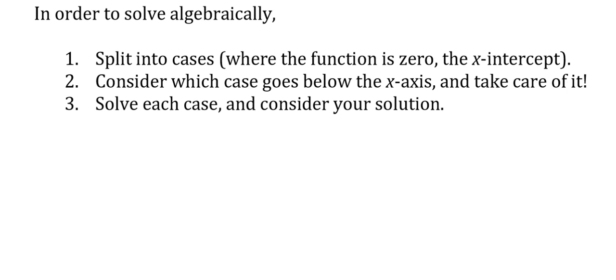This is the problem, I guess, with absolute values: we have to be the one to consider the case. There's no button on our calculator that will know which case to use. So we have to think about which case it is. We have to be the ones thinking about that and taking care of that.